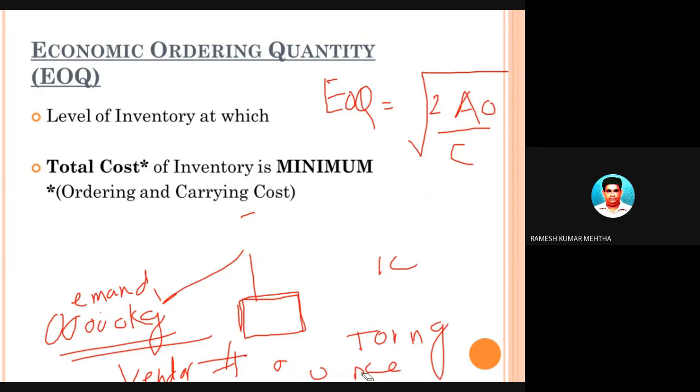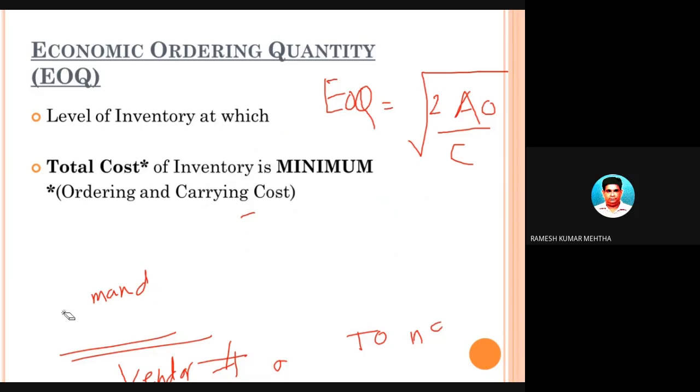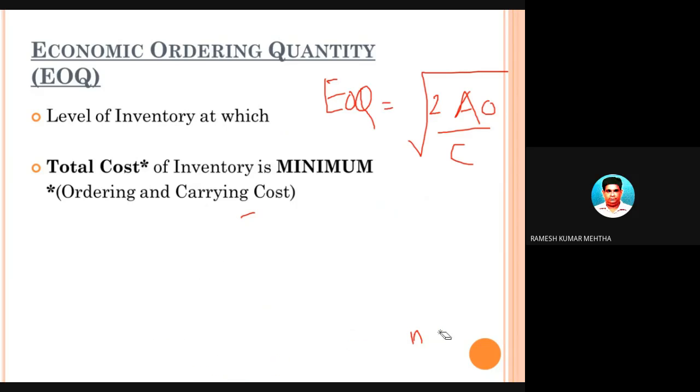I will wipe this out and then tell you how to remember and what is the full form of A, of O, and of C. A, O, C. You can note it down on a piece of paper. A stands for annual consumption of the raw material.